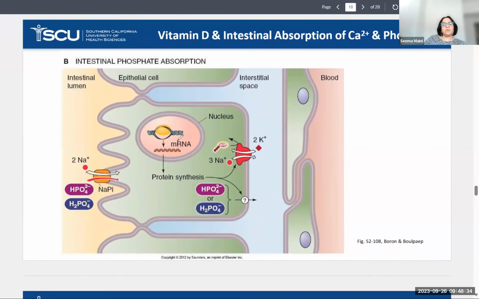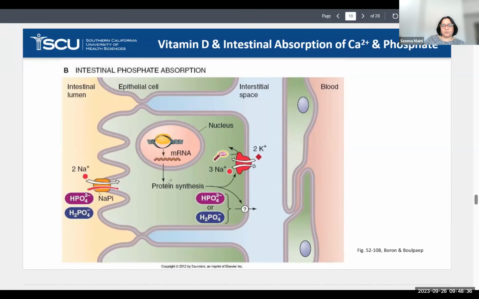So in the same way, new proteins appear in the cell, and these new proteins are sodium potassium pumps, and phosphate pumps, hydrogen phosphate and dihydrogen phosphate pumps. Let's begin from here.